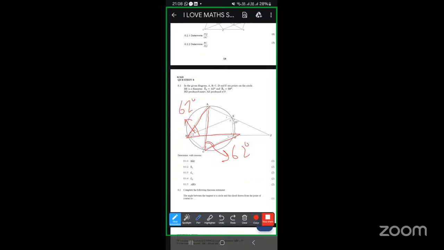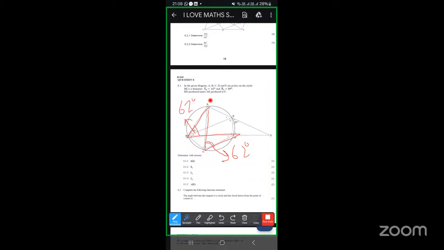Yes, sir. Okay. Is there anyone who's still lost with finding angle C2? Or we can proceed to 8.1.5. Next question, sir. Okay. 8.1.5, we are required to calculate the size of angle ABD.